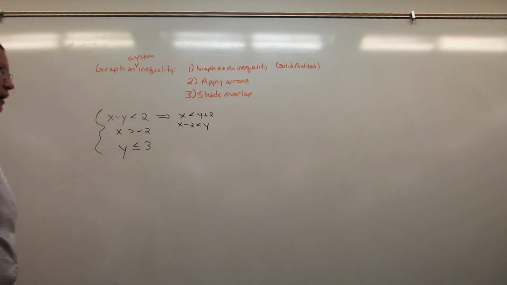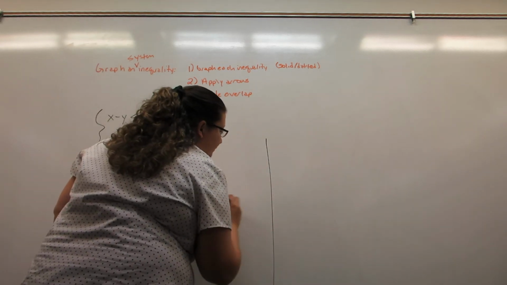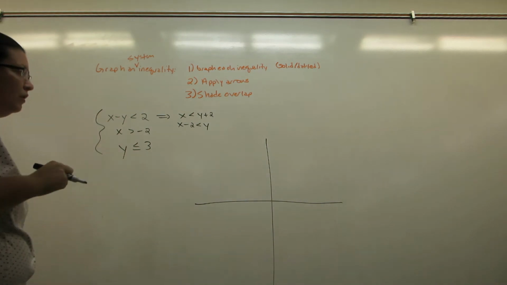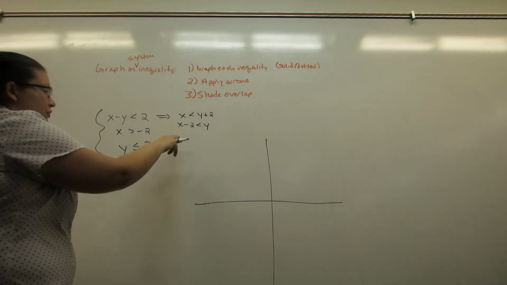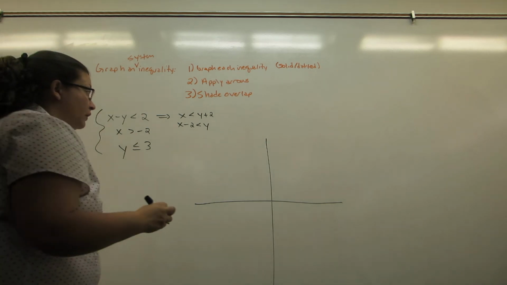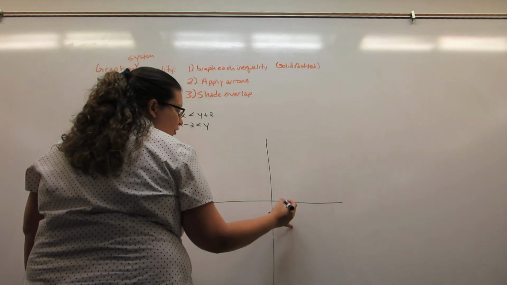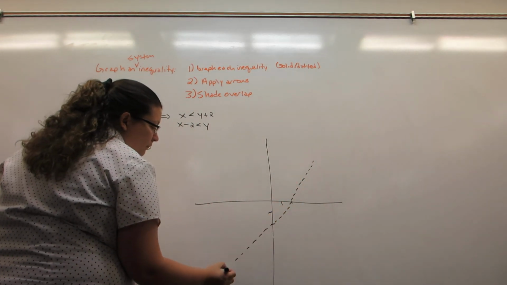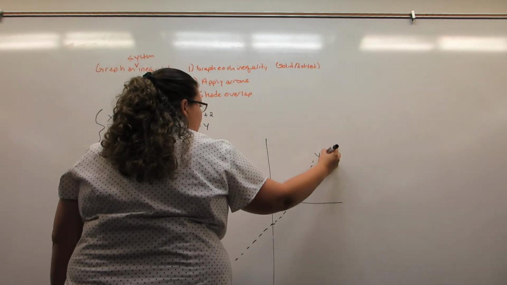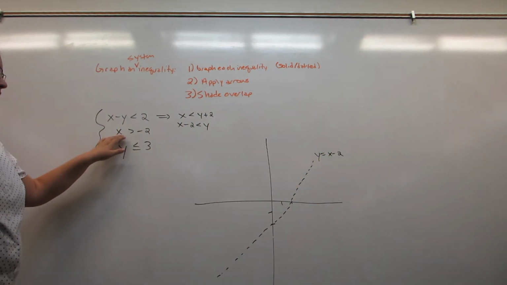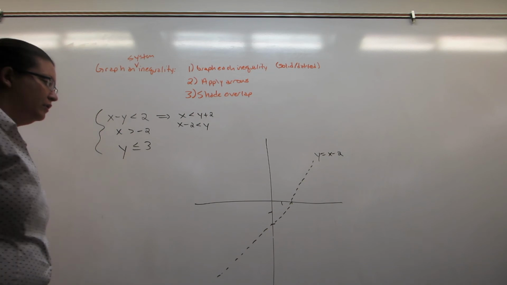Okay. Now we're going to go to our graph, and I'm going to draw each of these inequality lines separately. So x minus 2 is less than y. First of all, it's going to be dotted. Okay. And then I'm actually graphing the same one I did on my last example. So this is the line y equals x minus 2. The second is x is greater than or equal to -2.